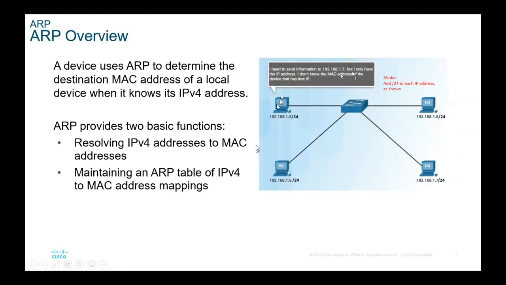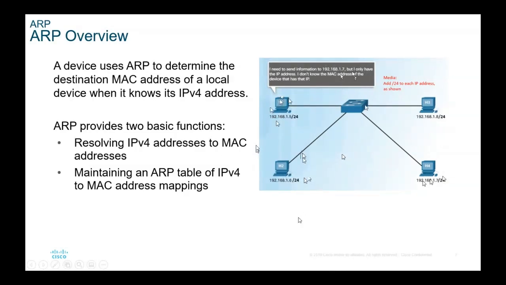So what it does, it sends a broadcast to everyone, and then only the one with the correct IP address replies. The broadcast MAC address is FFFFFF, all the F's.